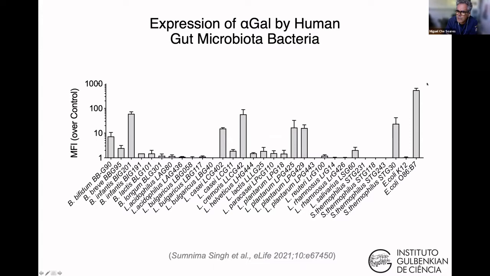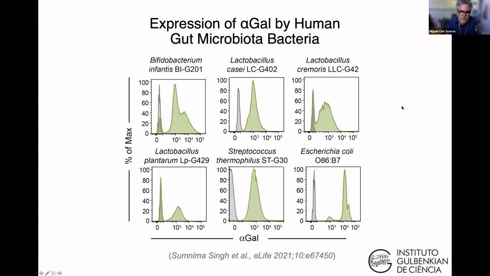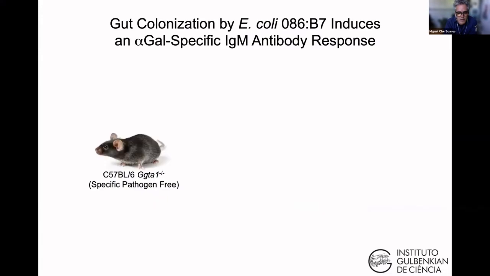You should pay attention to this one because this one is going to be important. This is just a series of flow cytometry assays in which you see in green that indeed these bacteria are expressing alpha-gal compared to the controls, and they express different levels. It appears to be fairly homogeneous. So they can express orthologs of GGTA1 that produce this alpha-gal glycan.